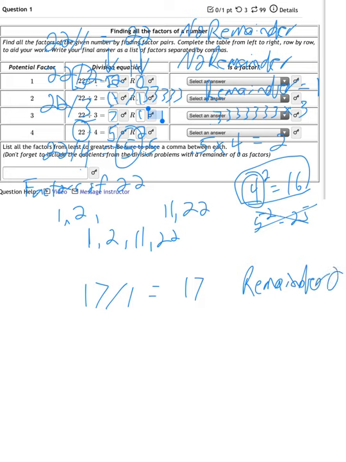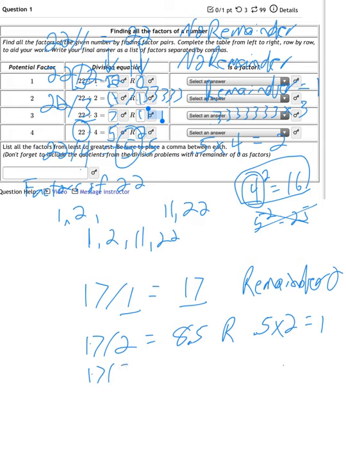So 17 and 1 are factors. Nothing else is going to be a factor, though. If you do 17 divided by 2, you get 8.5. And the remainder comes from 0.5 times 2, which is 1.